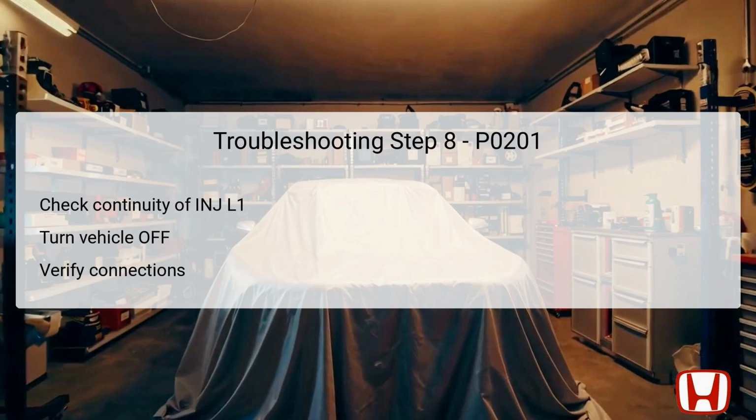Lastly, in the 8th troubleshooting step for DTC P0201, repeat the process for checking continuity, focusing on the INJL1 line. As before, ensure the vehicle is in the off lock mode and both the PCM connector number 1 and the number 1 injector 2P connector are disconnected for accurate measurements.